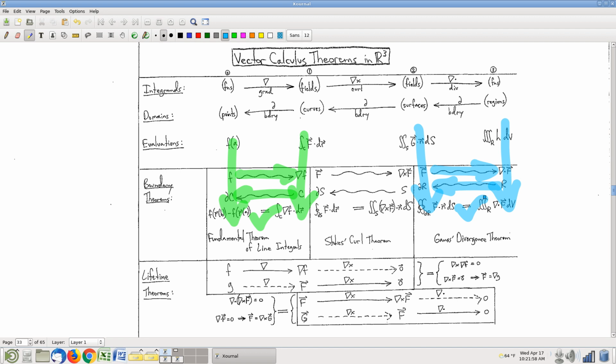And what we've seen now with Stokes' curl theorem, same thing, right? If you have a surface and its boundary curve, a vector field and its curl field, then that circulation is equal to that flux. The pattern is crazy consistent, right? So keep that in mind as well.